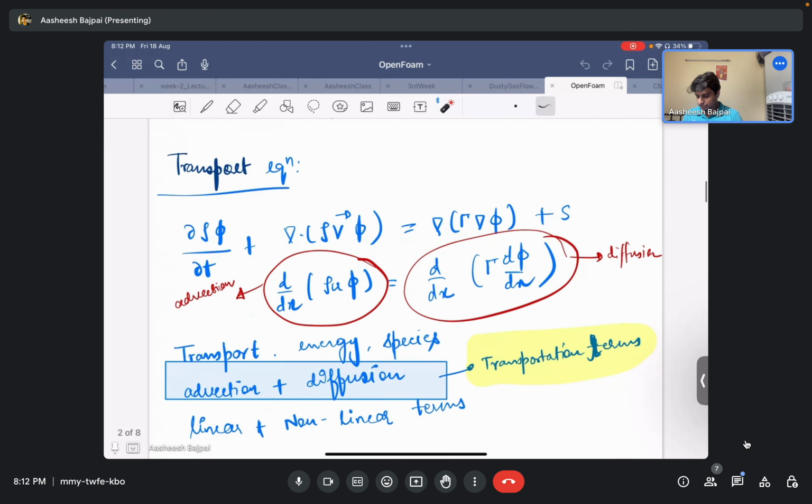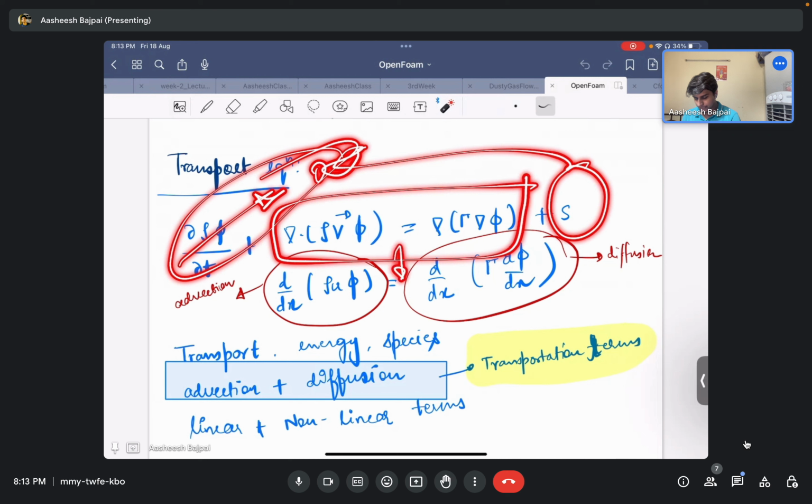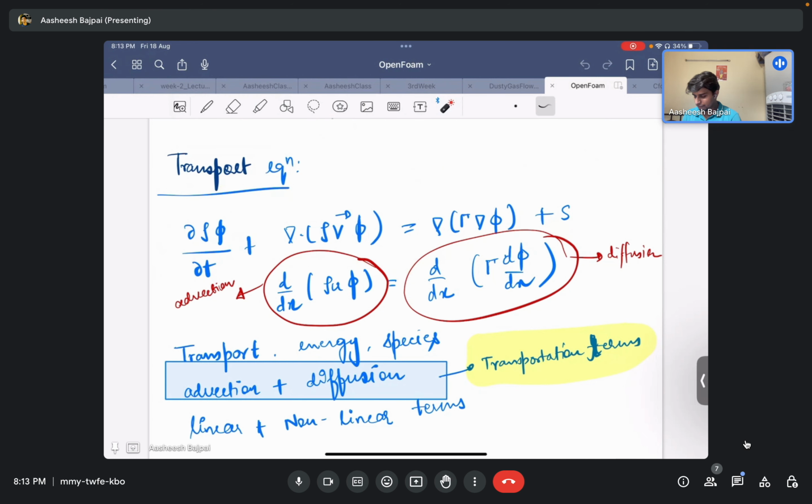In any transport equation, if we make the transient part zero and the source term zero, then these two parts will be left, and these are called advection and diffusion.